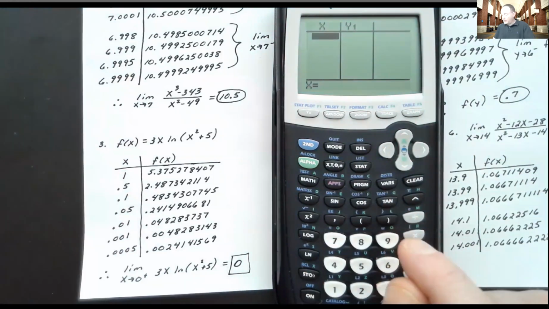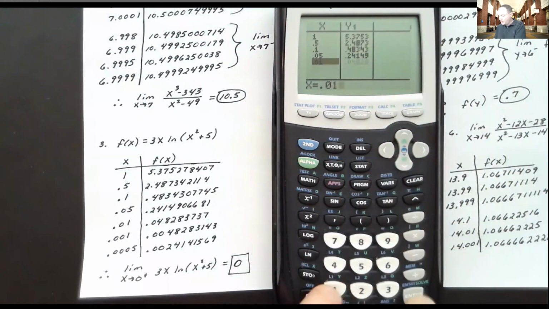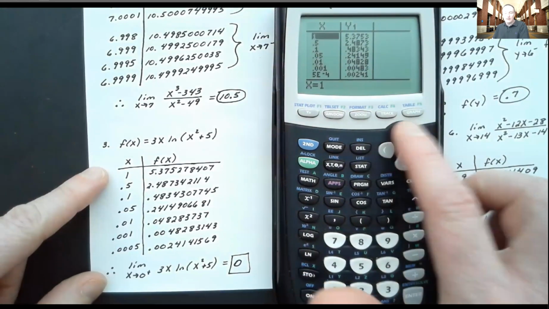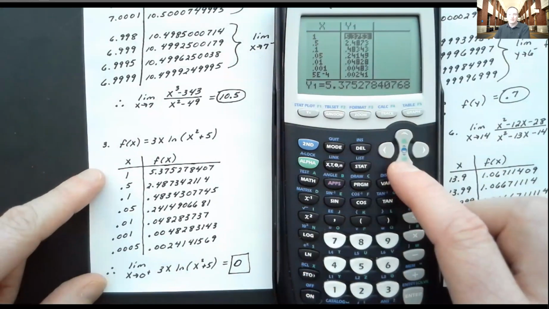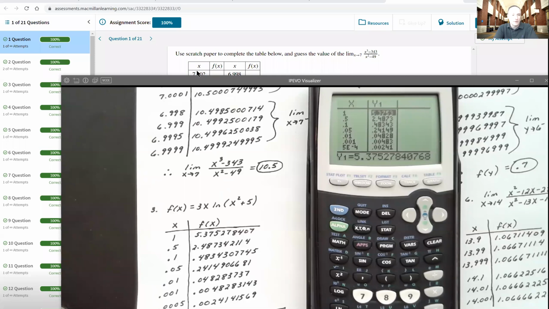The values that we needed for this problem were 1, 0.5, 0.1, 0.05, 0.01, 0.001, and 0.0005. So I entered those values in that they asked me to, and let me just confirm for a second that those are all the values that they asked in this problem. Yeah, those are the values that they asked for.